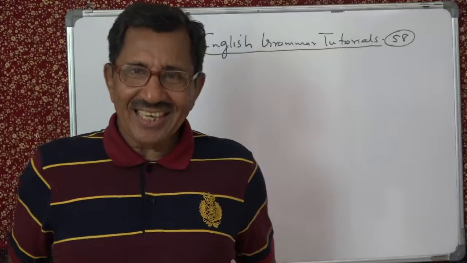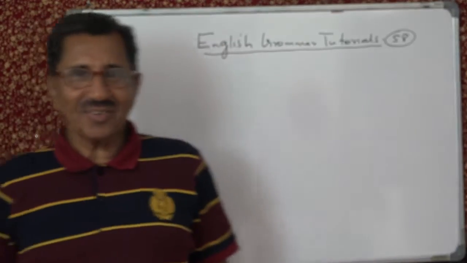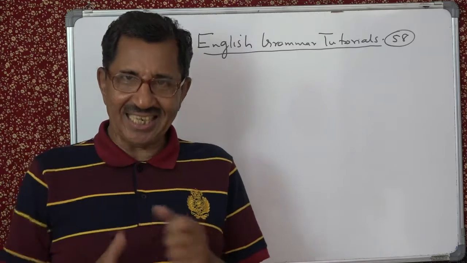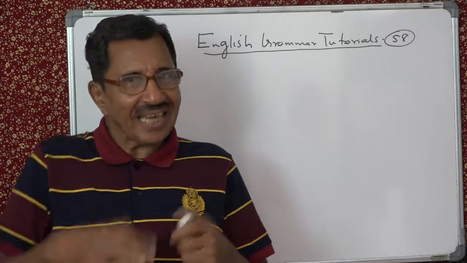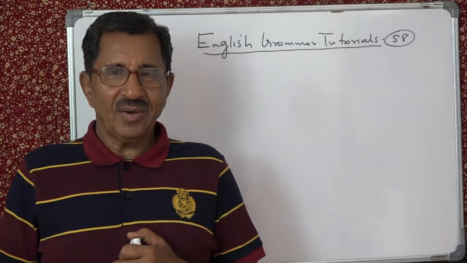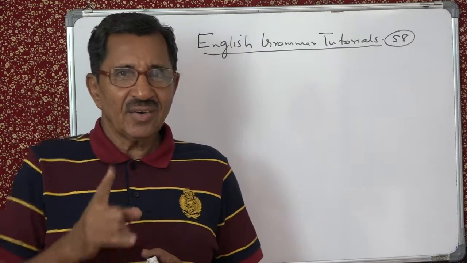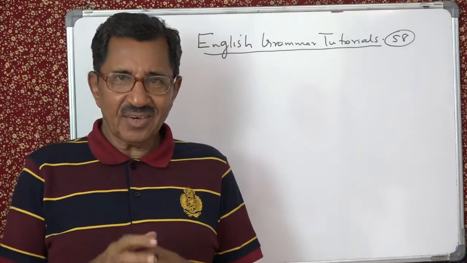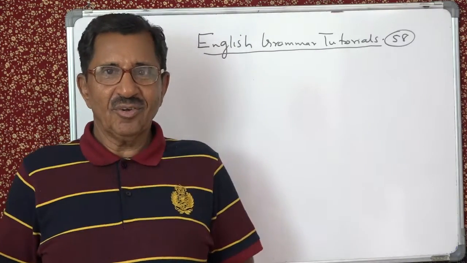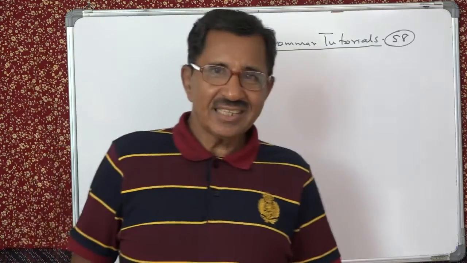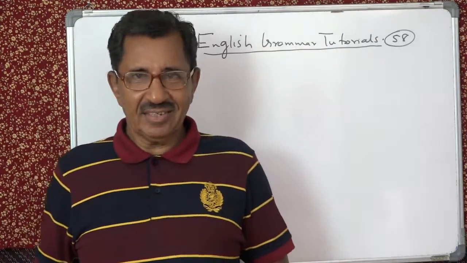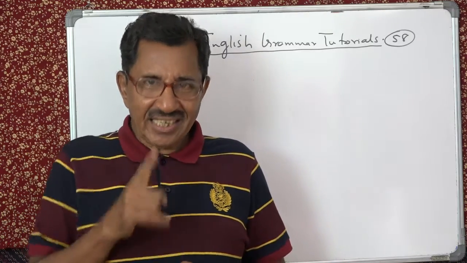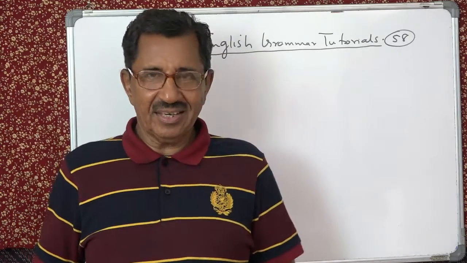Hello friends, you remember last class I told you that we have only 6 sentences in English, or 6 types, or only 6 ways of starting English sentences, or 6 beginnings, or 6 starting points, or 6 triggering starting points.